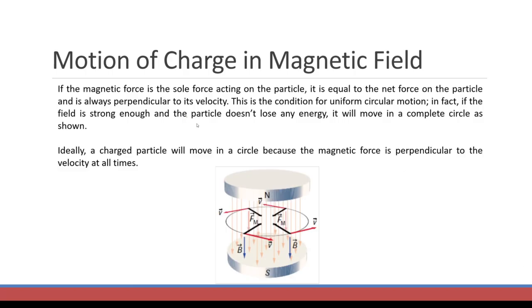If the magnetic force is the sole force acting on the particle, it is equal to the net force on the particle and is always perpendicular to its velocity. This is the condition for uniform circular motion. So just like we mentioned, that's exactly what it models. In fact, if the field is strong enough and the particle doesn't lose any energy, it will move in a complete circle as shown.